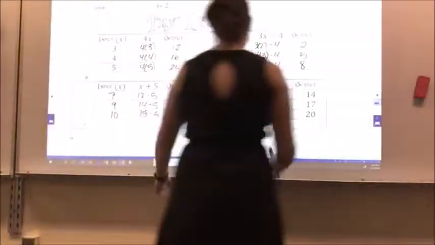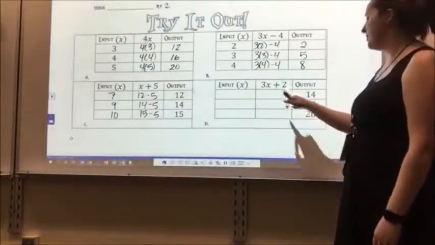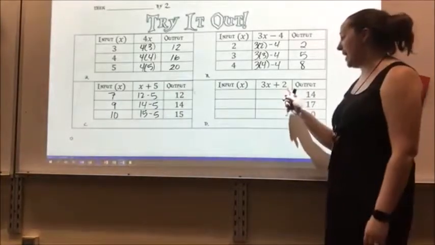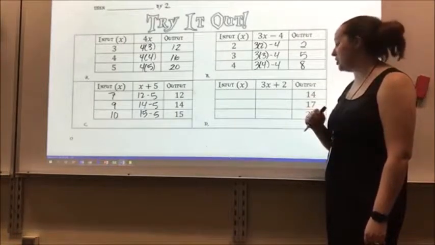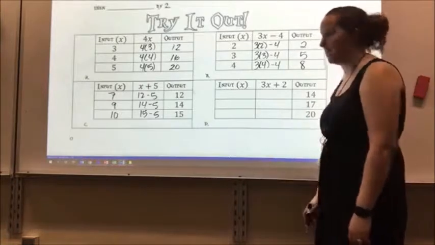For letter D, again, I need to find my inputs. So I'm given my outputs. My function rule is 3x plus 2. So I need to work backwards. Right now I have addition. The inverse operation of addition is subtraction, and the inverse operation of multiplication is division.